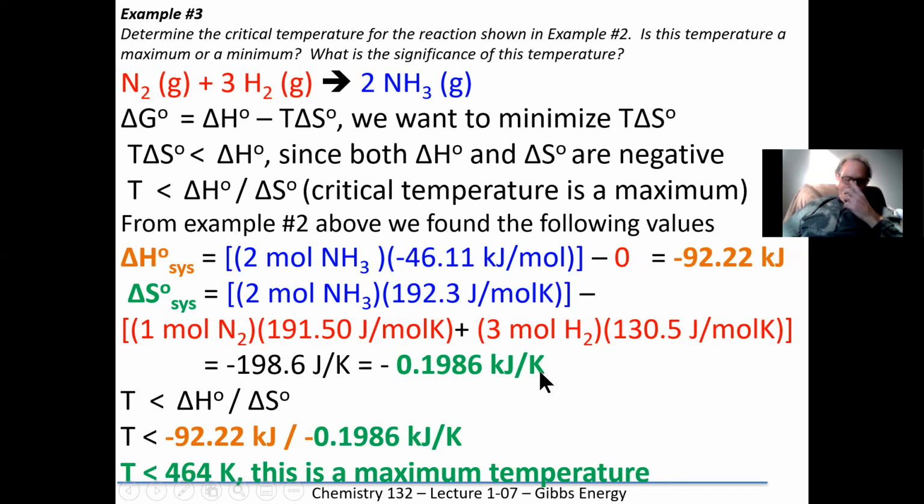It's temperature dependent, which gives you a unit of Kelvin when you use the equation of delta H over delta S. If you didn't have a different unit for delta S, if it was just kilojoules, units would cancel. You wouldn't have a unit for temperature. That's why you need to have kilojoule per Kelvin in the entropy quantity.